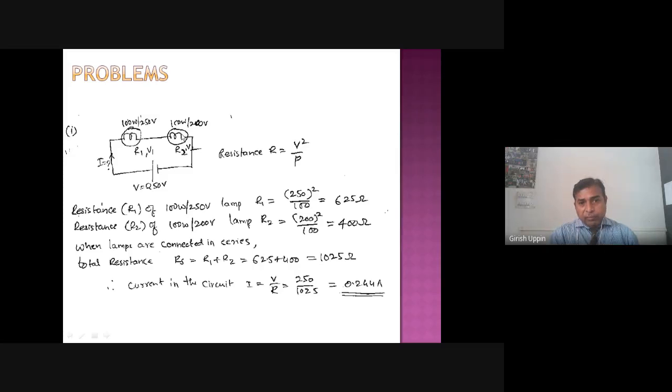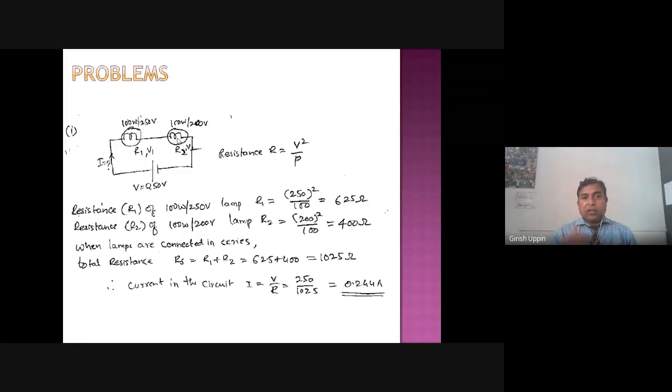For the second lamp, the rating is different, voltage is 200. This is the specification given for that particular lamp. R2 is equal to 200 square divided by 100, that will come as 400. Now we know R1 is 625 ohm, R2 is 400 ohm.